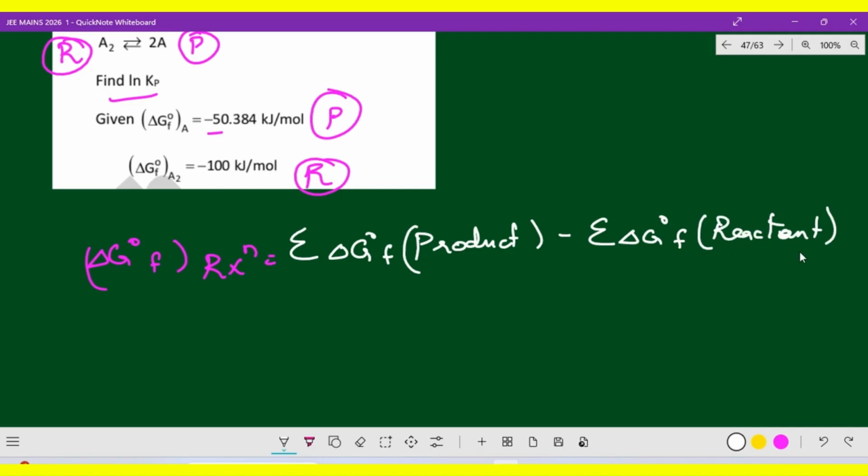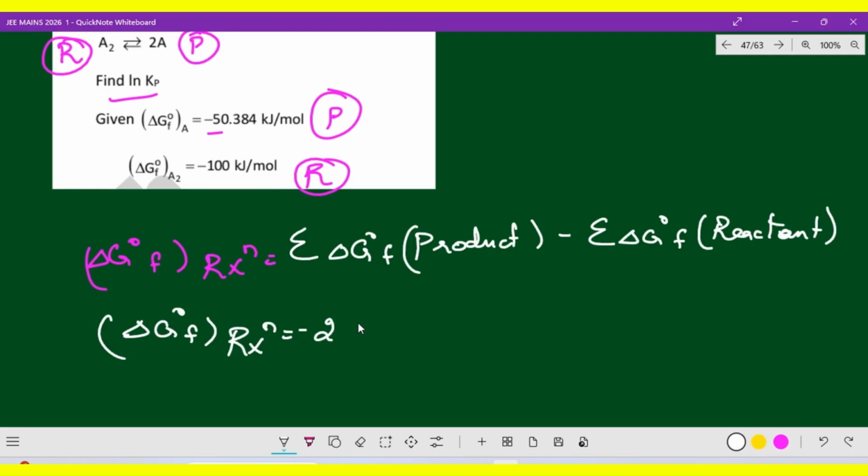That is product minus reactant, that's all. Now let us apply the values. Delta G naught of reaction equals, here we also have to identify the moles. This is 2A, right? So product minus reactant.